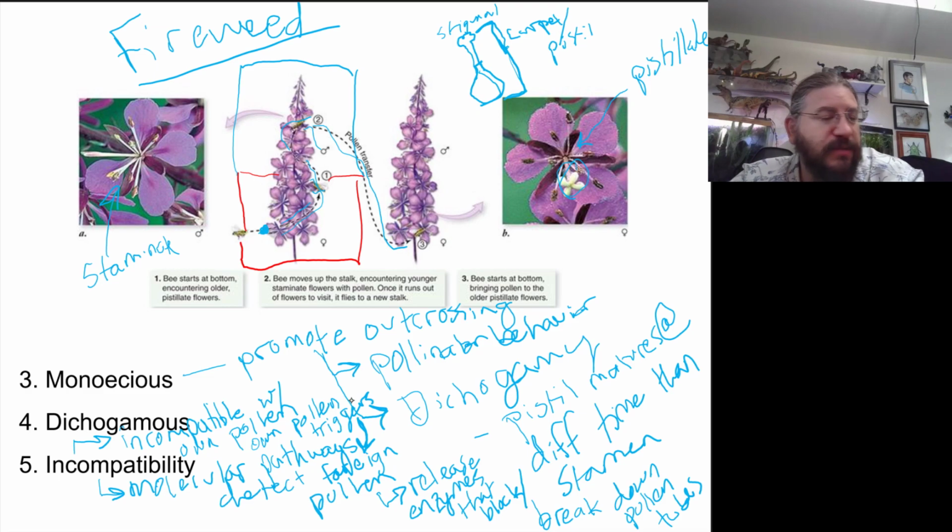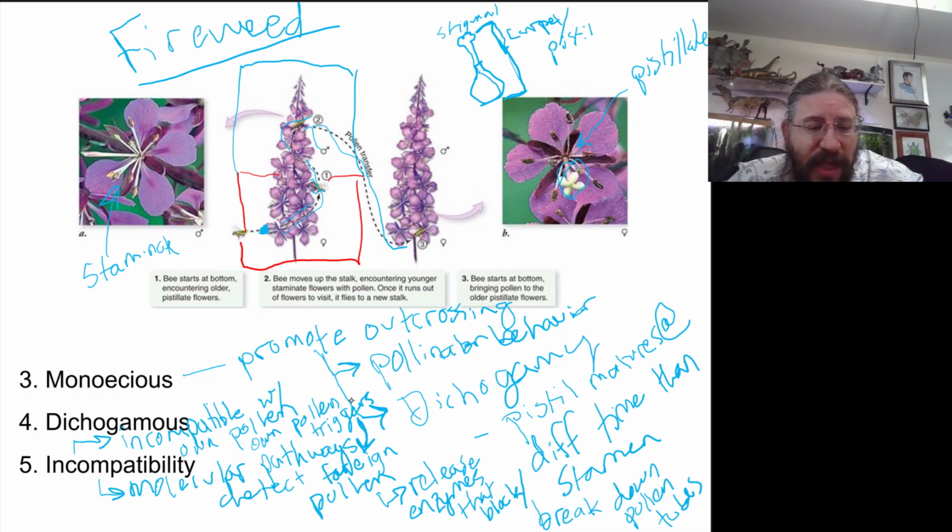So that's pretty cool. So that's a pretty hardcore prevention of self-pollination there. When you've got a molecular pathway that detects your own pollen and then releases enzymes that block and break down its pollen tubes, you have a pretty hardcore guarantee prevention of self-pollination.